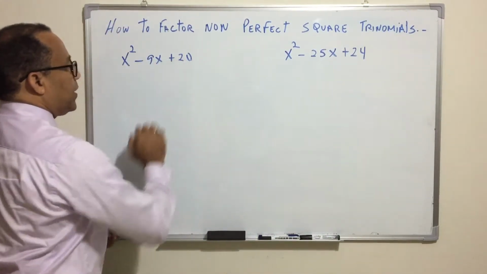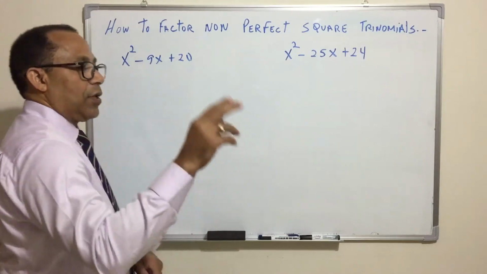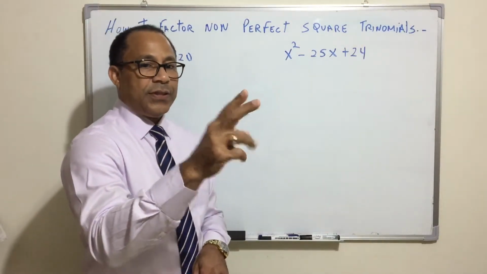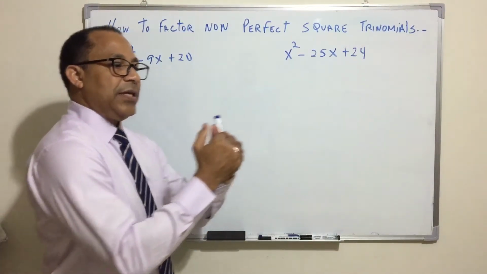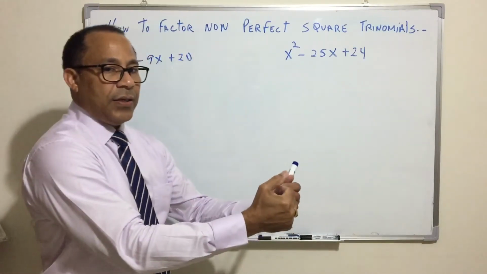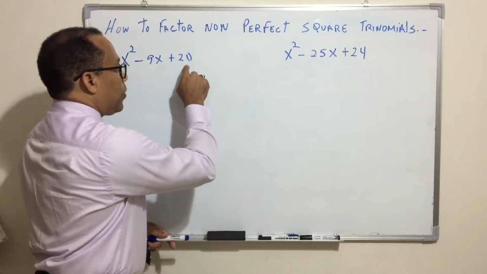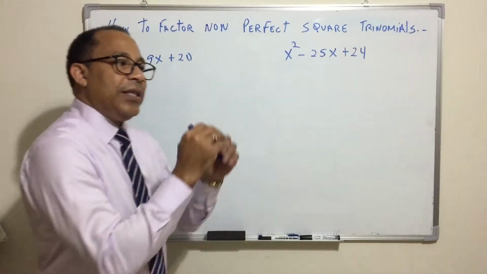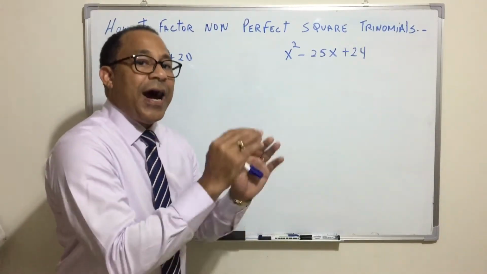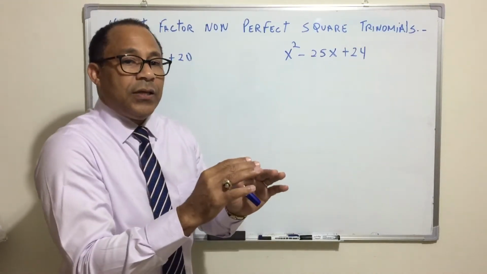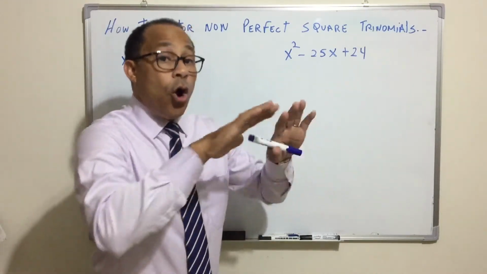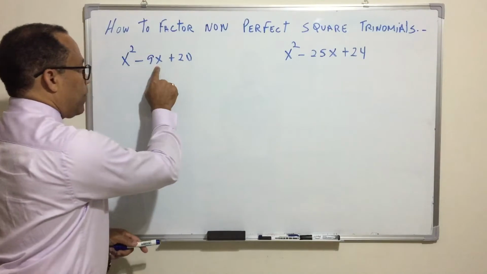We need to find two numbers that when these numbers are multiplied, the product is always the third term. And when these two numbers are added or subtracted, the result is always the second term.